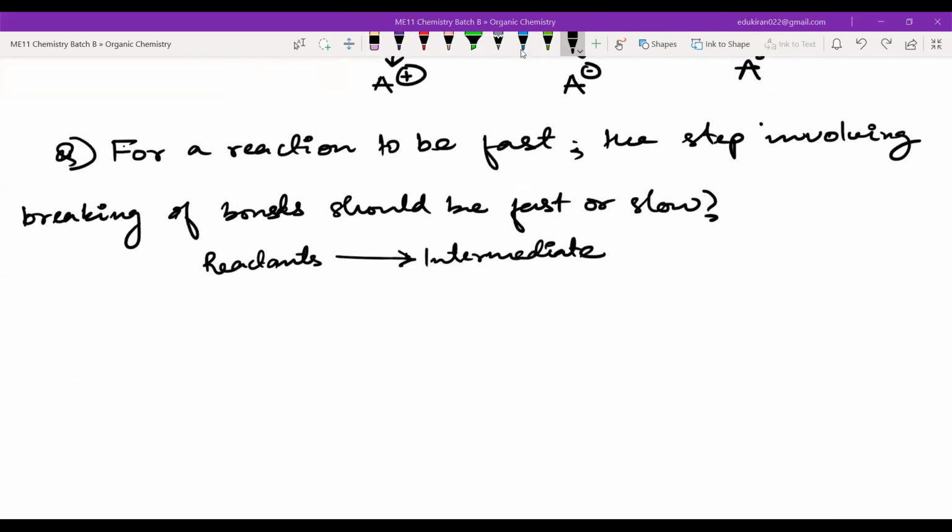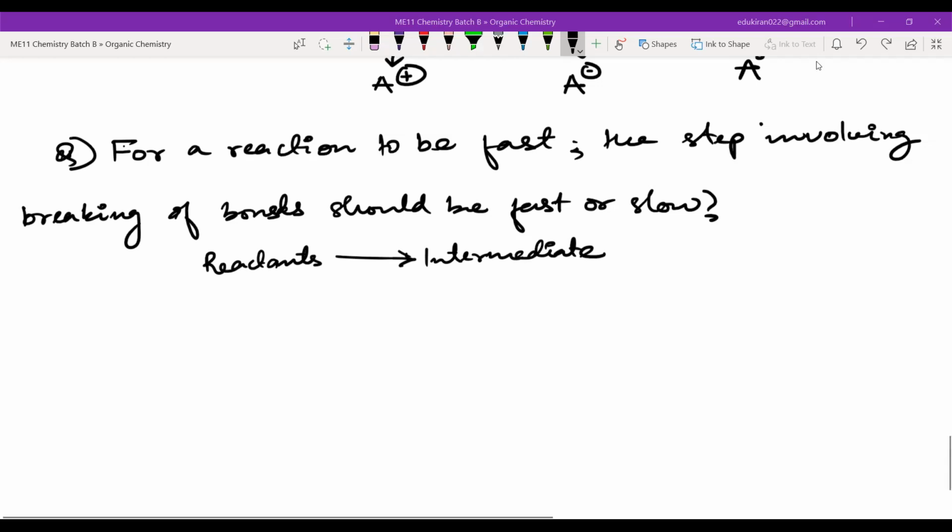Why? No, I'm not asking how it will be, I'm asking how it should be. Like if you want a reaction to be fast, then if it is slow, why would the reaction be fast? Reba, do you understand why it should be fast? Yes, sir. Okay. So were you just saying slow to give the opposite answer?